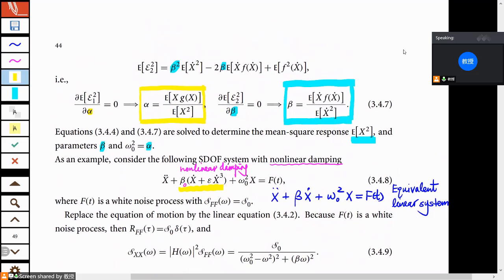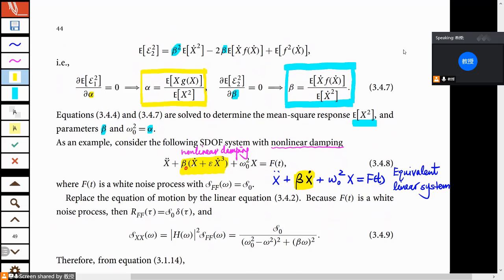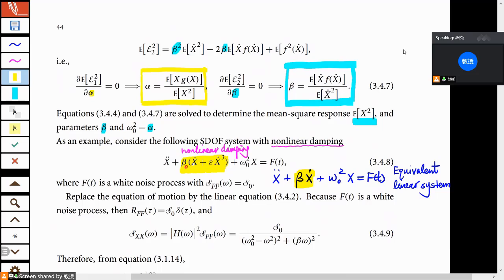What we have here is the nonlinear system, the nonlinear term is replaced by the equivalent linear term. Once we have the linear system, we can use what we studied in the previous section to find the response.